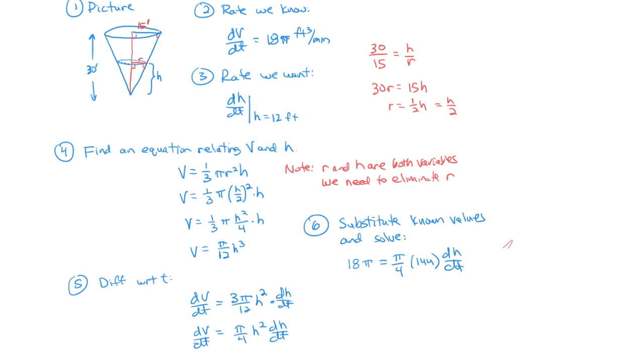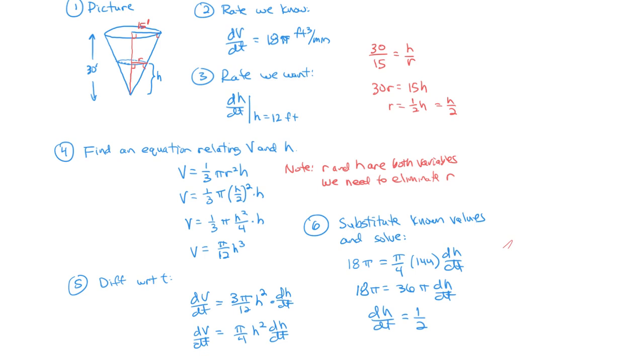So we end up with 18 pi equals 36 pi dh/dt. So if I divide each side by 36 pi, I get dh/dt equals 1/2. 18 pi over 36 pi is just 1/2.